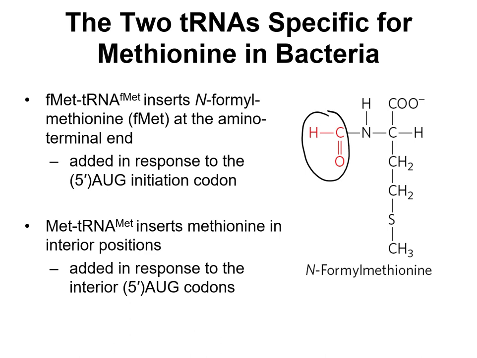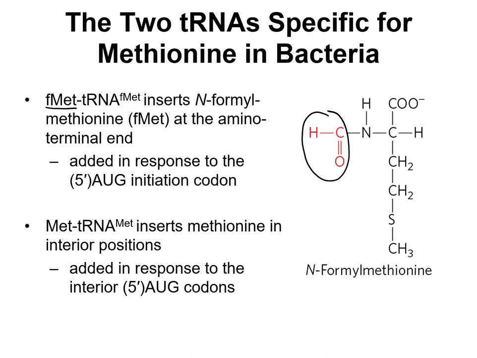The Met tRNA that's charged with methionine inserts methionines into the interior position, and those are added in response to the interior AUG codons. So there's a difference for bacteria. The initial 5' AUG that starts initiation, and then the interior ones.